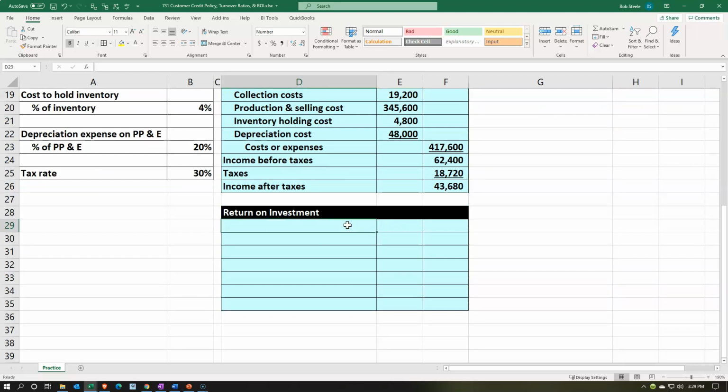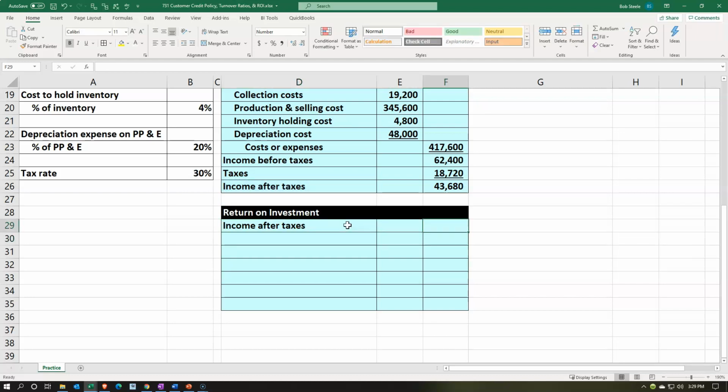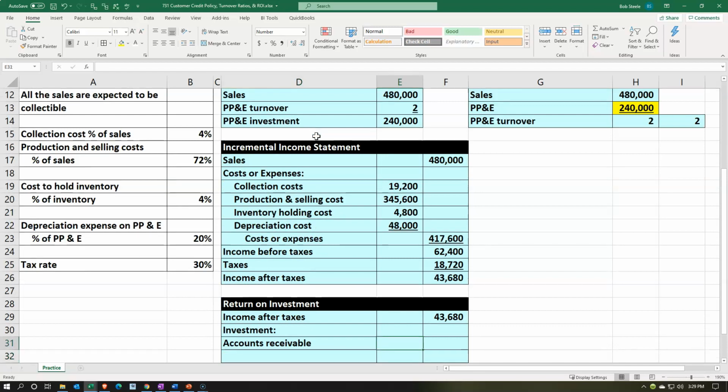So if we think about that, the ROI that we got then is going to be this 43,680, and then we can think about the investment, which is basically going to be the increase in the assets, right? The net income as compared to the increase in the assets. So we had an increase in the accounts receivable. I'm going to put that in the inner column.